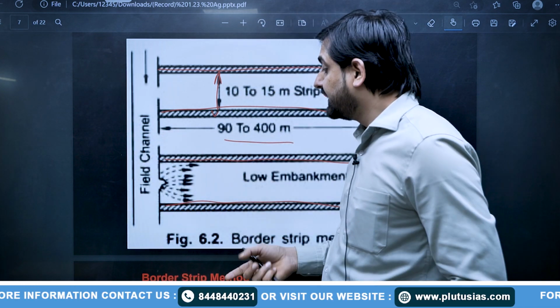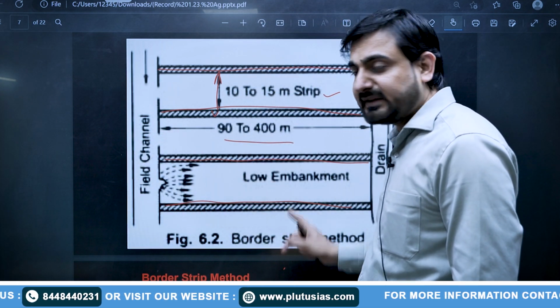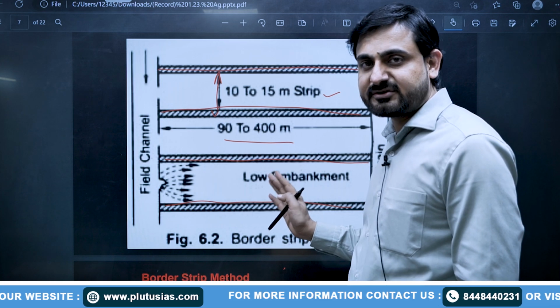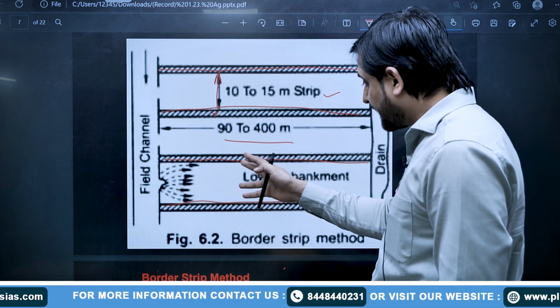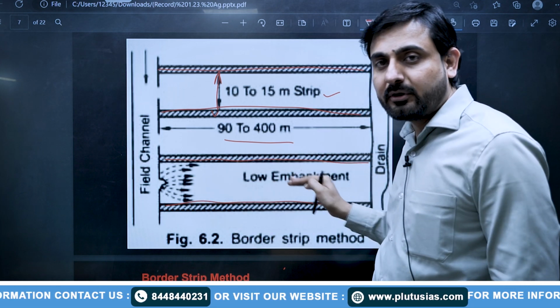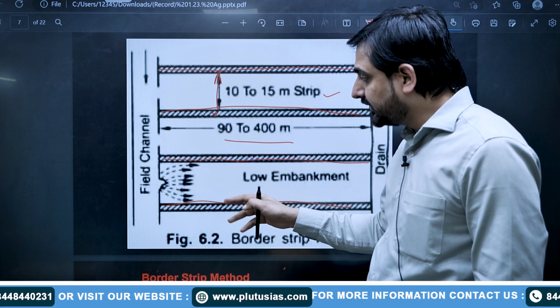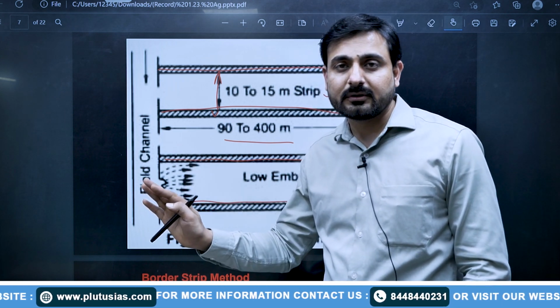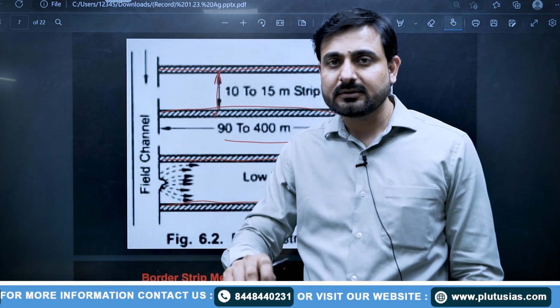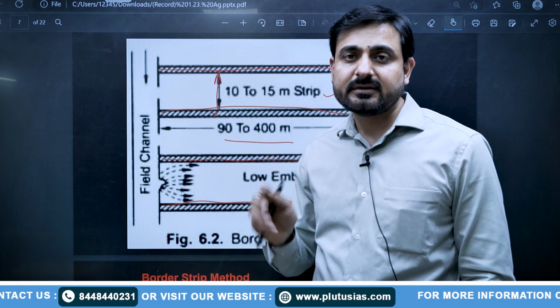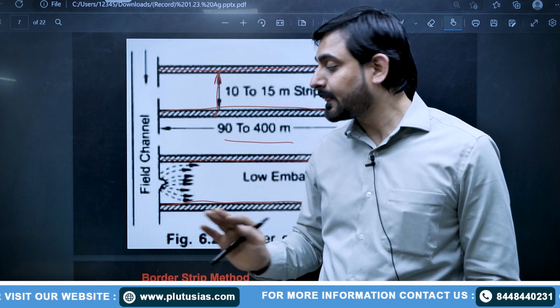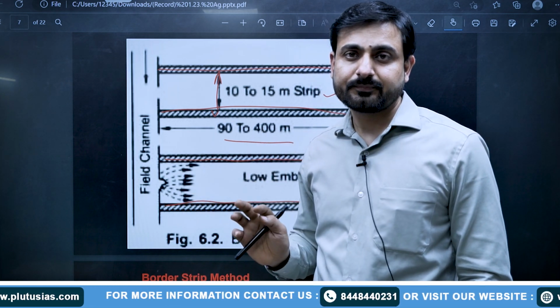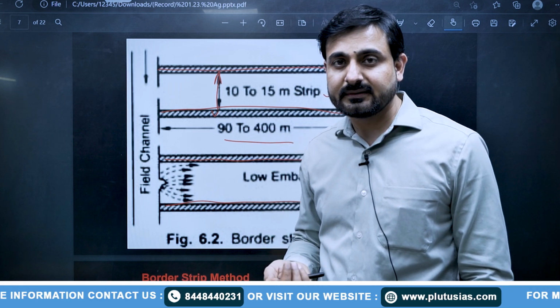This is your border strip method, where we create border strips generally parallel to the border. Now it controls flooded irrigation, surface runoff, and leaching of various nutrients.